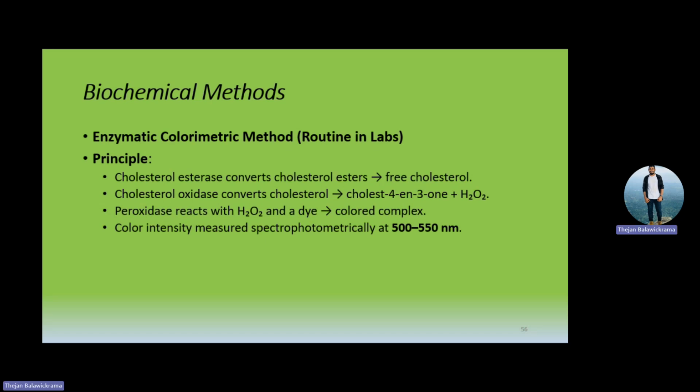Then cholesterol oxidase converts the free cholesterol into cholesterol 3-one and hydrogen peroxide. Now we have hydrogen peroxide, and peroxidase reacts with it and a dye to form a colored complex.